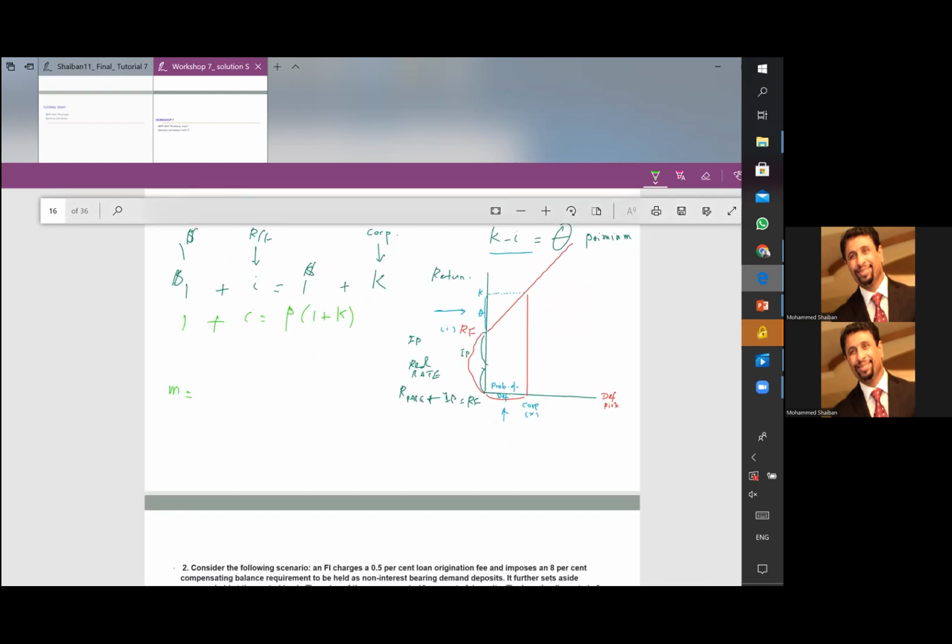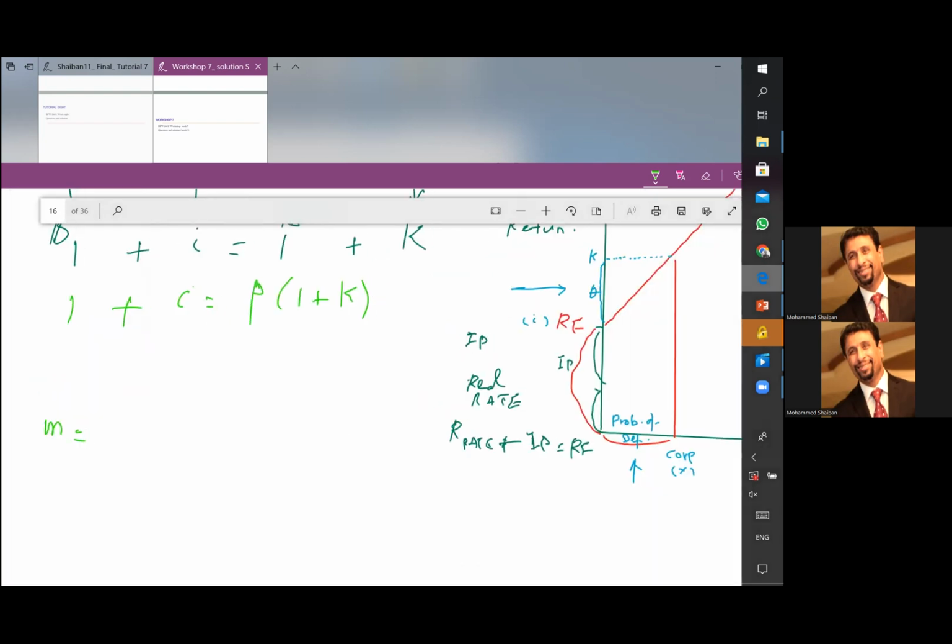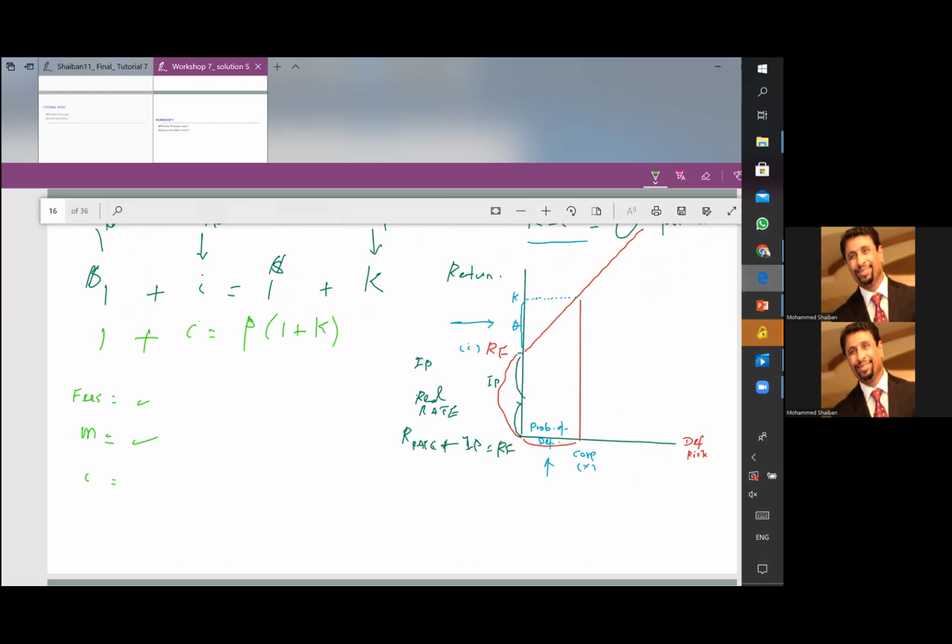We need to take something called fees. When we give a loan, we have to take something called fees. This is against our administration work. And we have to take the premium. And we have to take, of course, the I, because the I plus the premium equals the K.